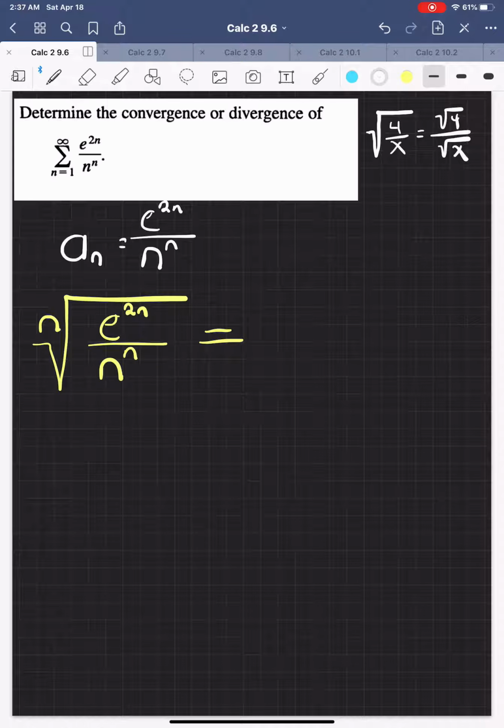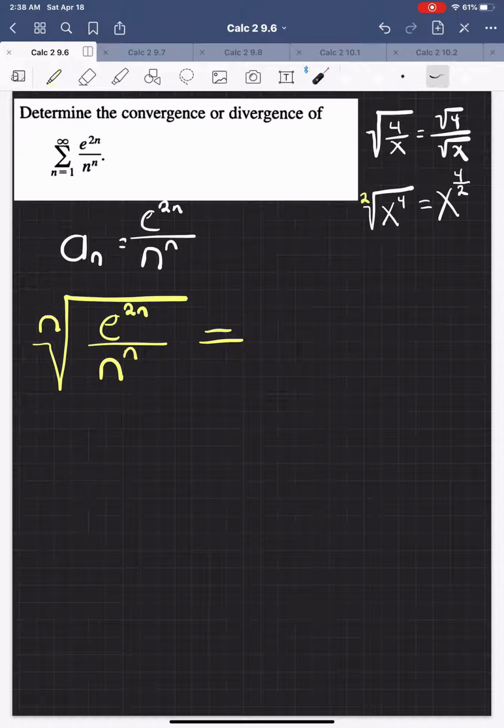The second thing to keep in mind is if you have the square root of x to the power of 4, you can rewrite that as x to the power of 4 over 2. Do you see how the index, that 2, ends up dividing into that 4, like this? Now, we're going to use both of these. Let's do them piece by piece. Ready?